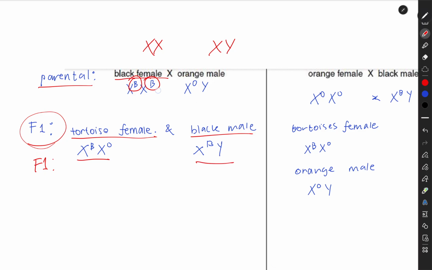Why is this? Because to produce a daughter, we need to have X chromosomes from both the father and the mother.